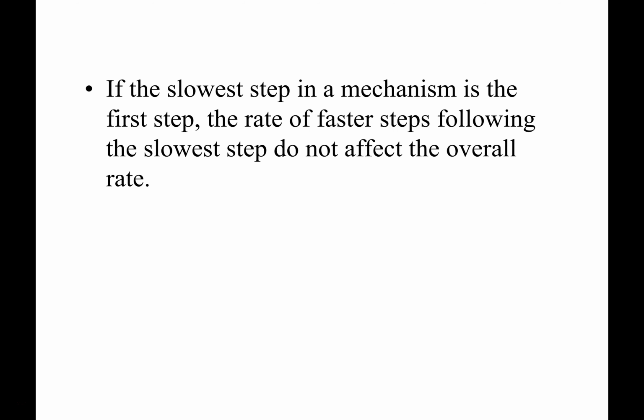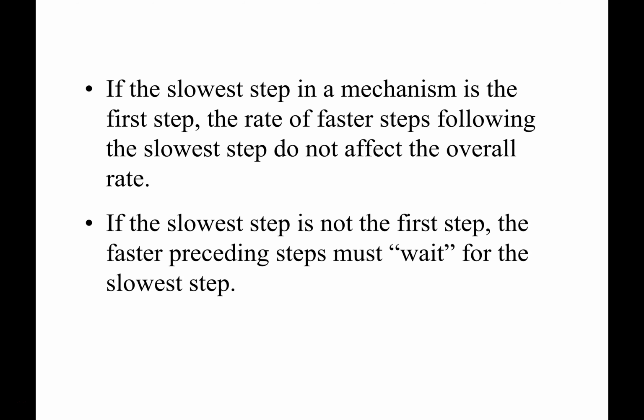So there are some possibilities. For instance, if the slow one is early on, say it's the first one, then it goes slow, fast, fast, fast. If the slow one is down here, then we go fast, slow. So they are going in order.